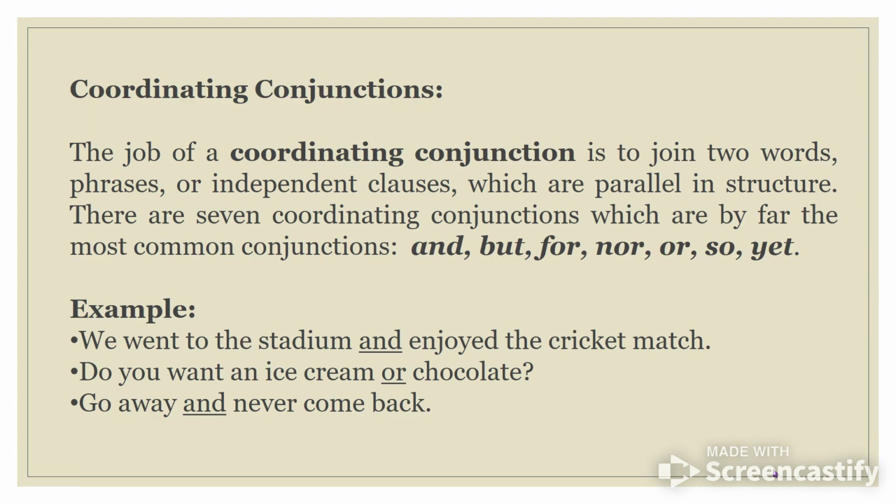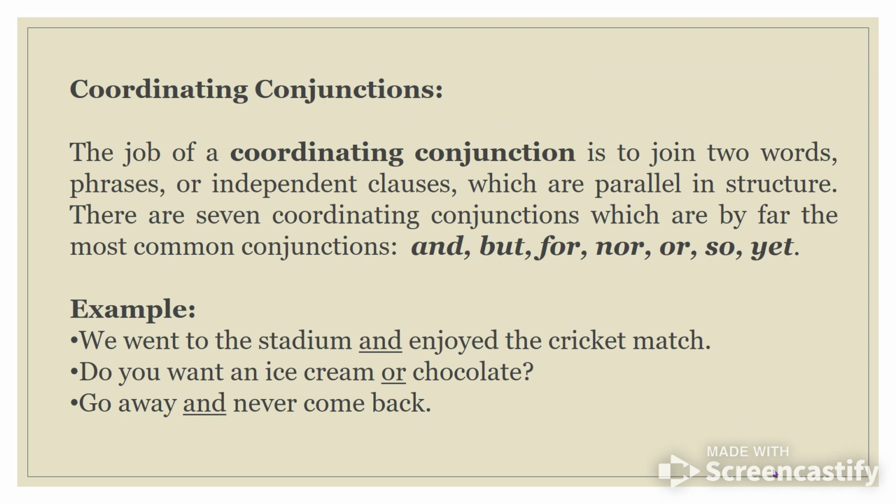Starting with coordinating conjunctions, the job of a coordinating conjunction is to join two words, phrases, or independent clauses which are parallel in structure, the same kinds. There are seven coordinating conjunctions which are by far the most common conjunctions, which are and, but, for, nor, or, so, and yet.